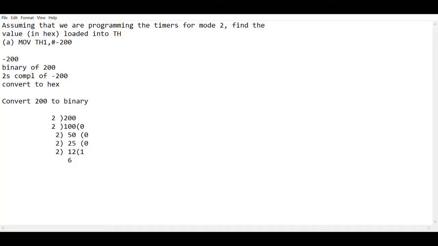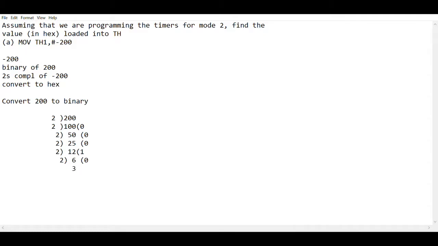The remainder will be 0. Again 6 is divided by 2. That will be 3.